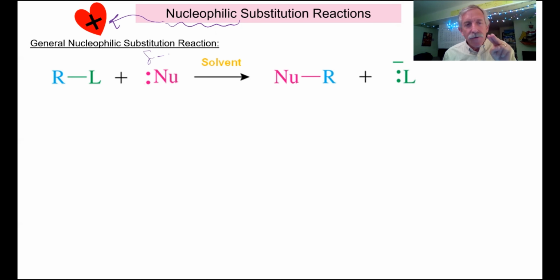It's that lone pair of electrons that is searching out, looking for a positive charge to react with. And so it is a positive loving nucleophile. Okay? Notice it doesn't have to be negatively charged, but oftentimes our nucleophiles are negatively charged, which makes them even more positive loving. So keep an eye out for your nucleophiles.